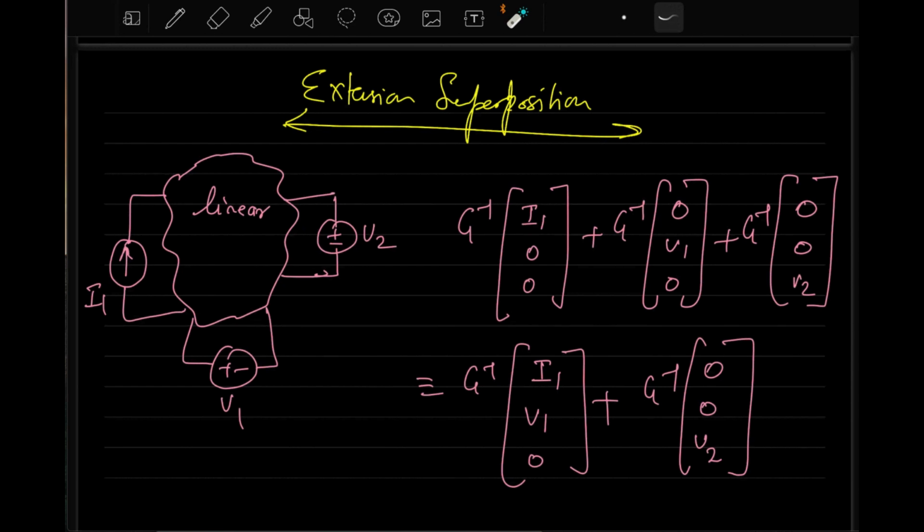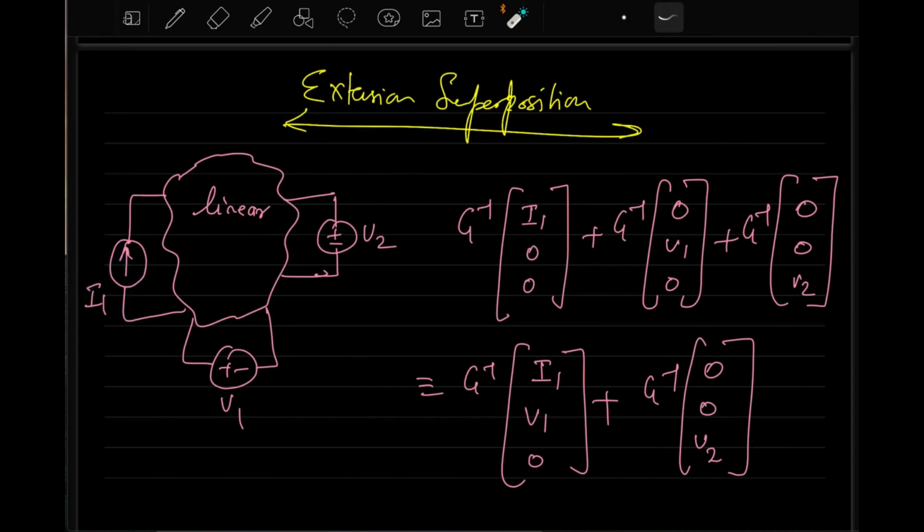But the important point to be noted here is that whatever source you are taking once, it should not be counted twice. That is, if you are putting these two voltage and current sources at the same time, you cannot use either of them individually or with V2. So you have to activate I1 only a single time.